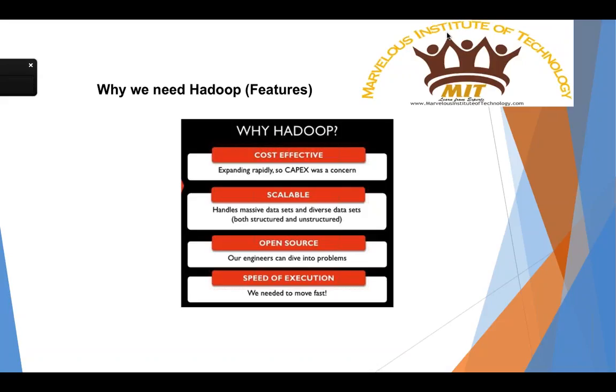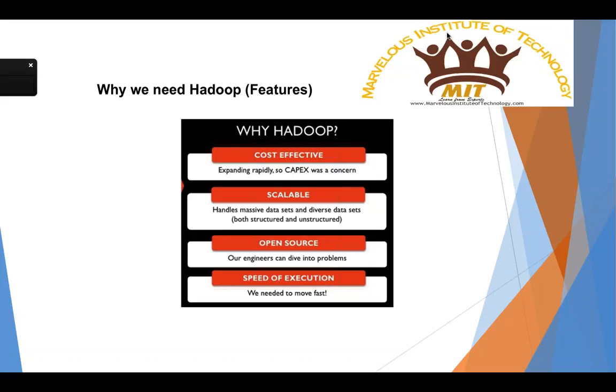Those systems should be high-end machines. The data will be stored in a single machine or network file systems. If any one machine fails, we may not be able to recover, and there is no data locality available in the traditional approach system. And it does not allow parallel processing.